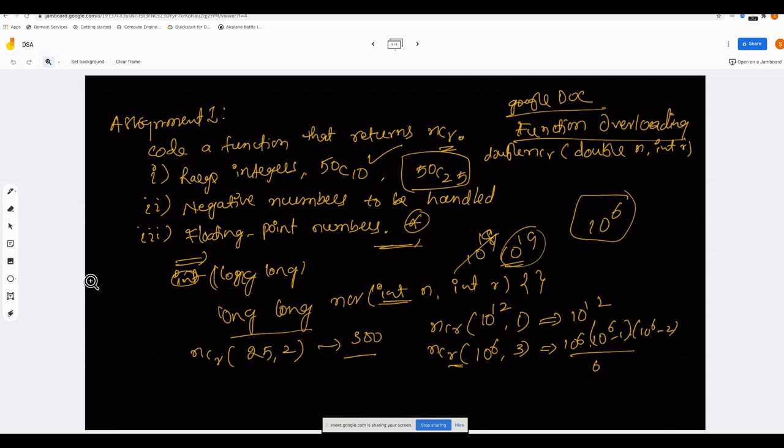So this can be another signature. Don't worry, towards the end of the class I will again discuss what exactly I meant. This is one signature, and this is another signature.